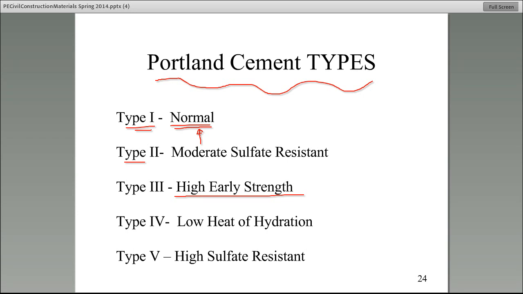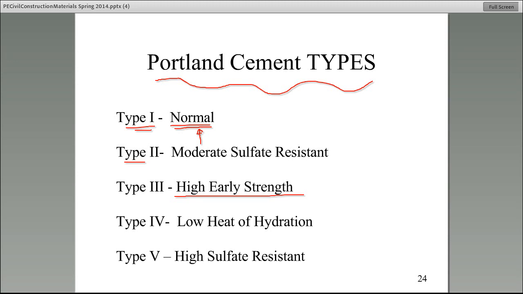All right, guys, let me tell you, you use high early strength if you're doing accelerated construction. In other words, as several of you mentioned, if you want to, for example, open the road to traffic early, you use high early strength. But something else that David said very early on, cold weather.